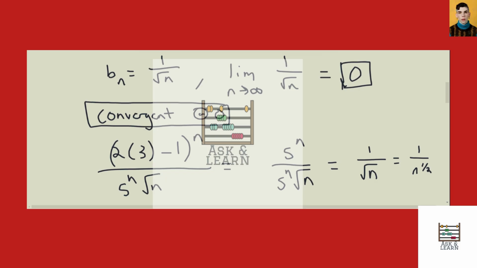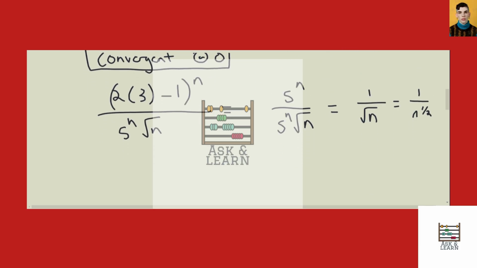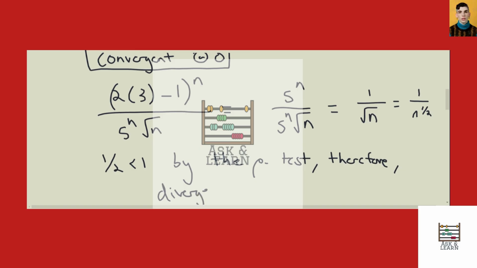And we know that half is less than or equal to 1, therefore by the p-series test the series is divergent.